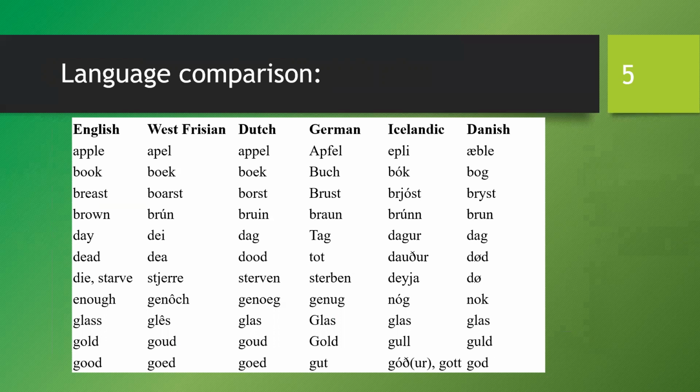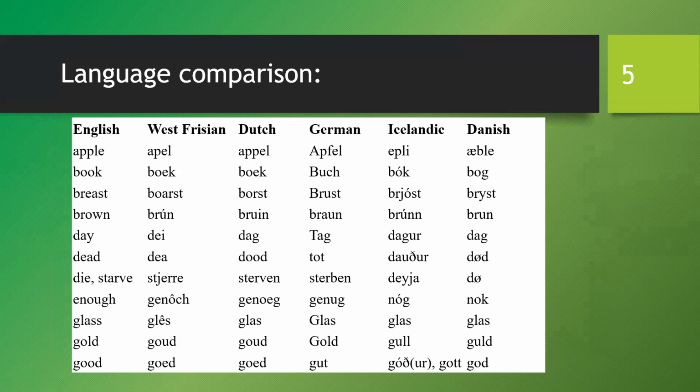So all the words for apple start with something like an a sound. The symbol in Danish stands for a. Of these languages, I really only know German and English. The German word is pronounced Apfel, and the English is apple. So they are different, but you can see there is a relationship between them.